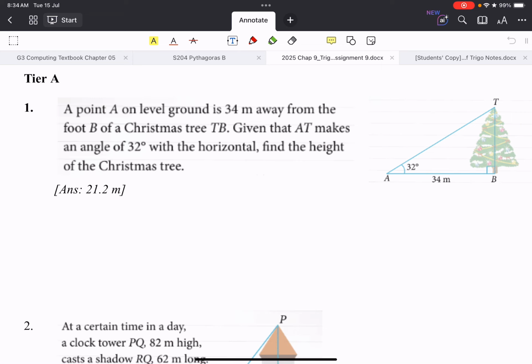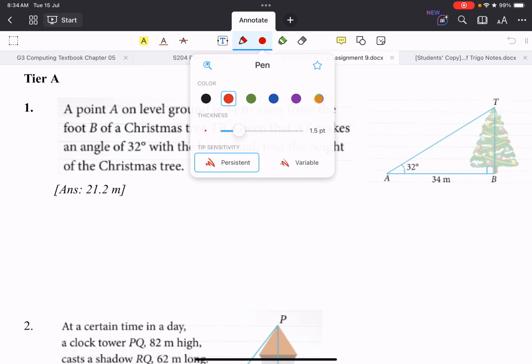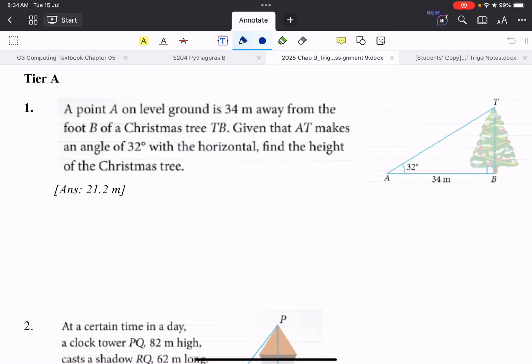So from here is a simple analysis that we are actually dealing with the opposite side as well as the adjacent. Therefore, we can say that tangent 32 degrees is equal to the height, let's label as TB, over 34 meters.